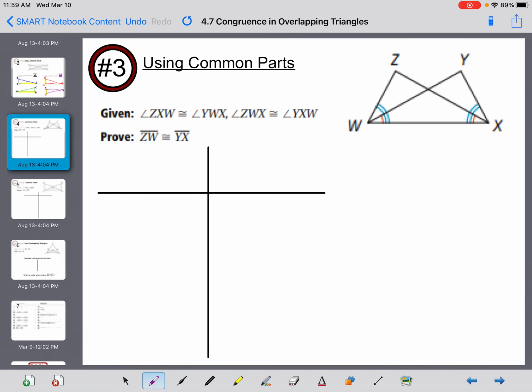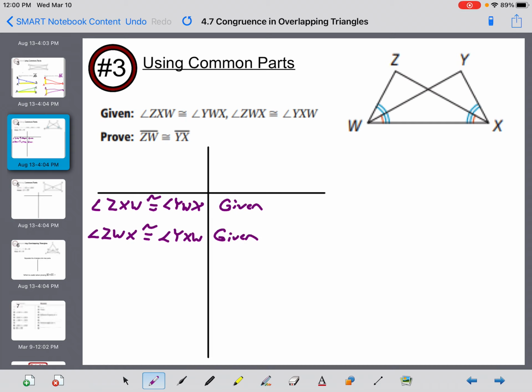Okay, this time we have two overlapping triangles, and they give us two givens. That angle ZXW is congruent to angle YWX, and we also have angle ZWX being congruent to angle YXW, and those are both givens.